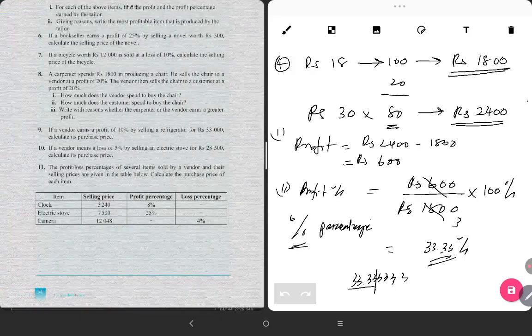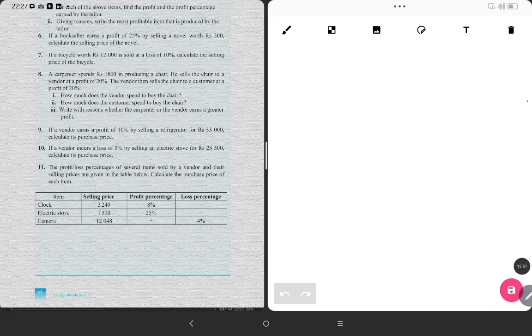So then we'll focus on maybe question number 8, and that way we will understand one more example. Okay, continuing. Question number 8. A carpenter spends rupees 1800 in producing a chair.